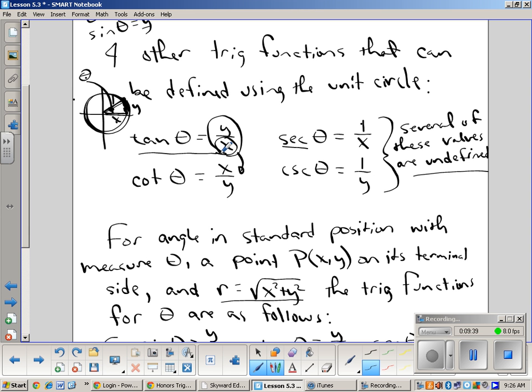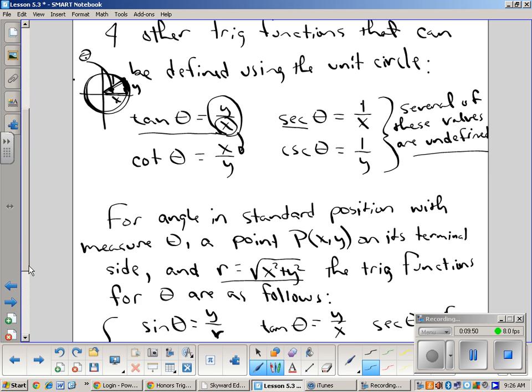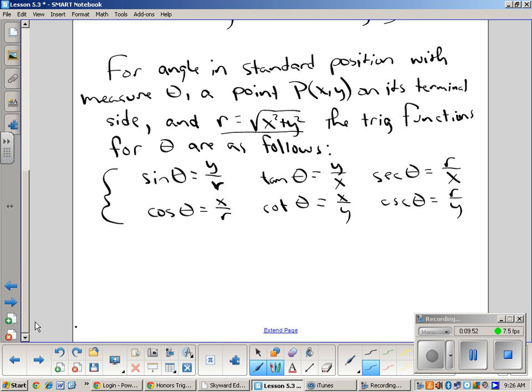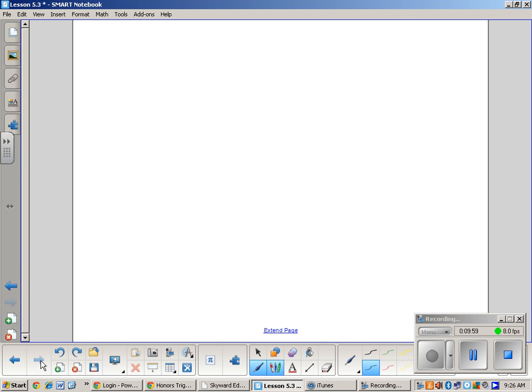And so we can't find the tangent of 90 degrees. If you try it on your calculator, it'll give you an error message. Okay? So it's undefined. Or maybe it'll tell you it's undefined depending on your calculator. All right? So any questions on this?